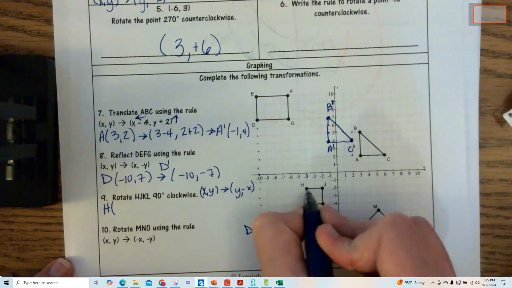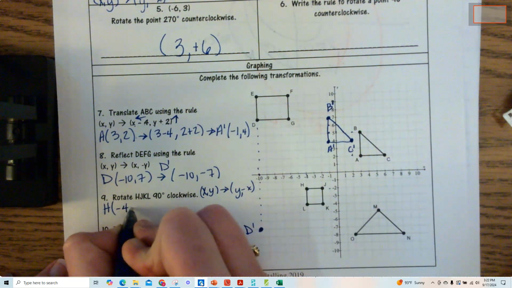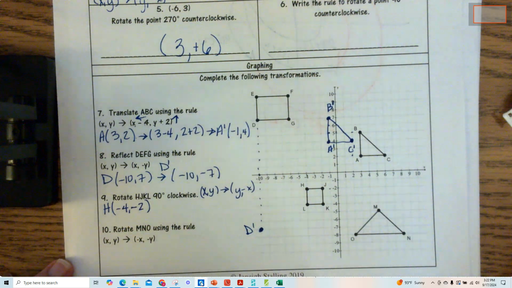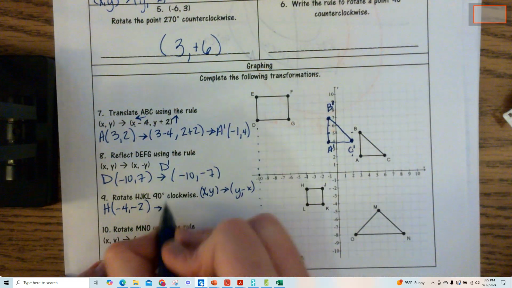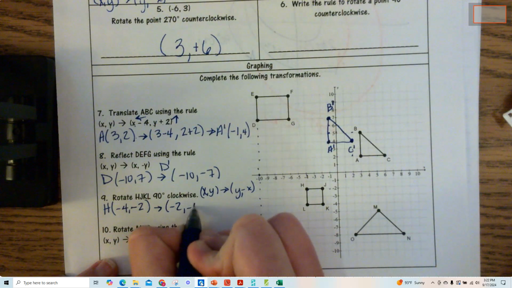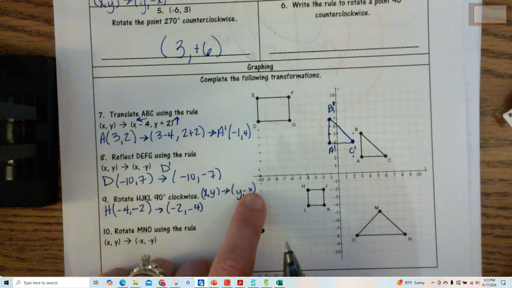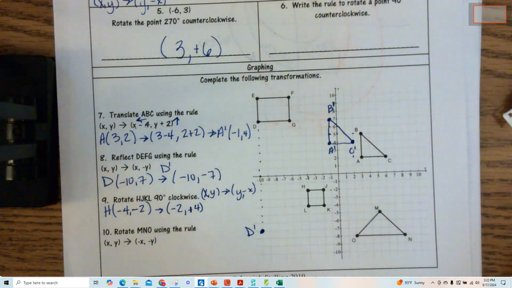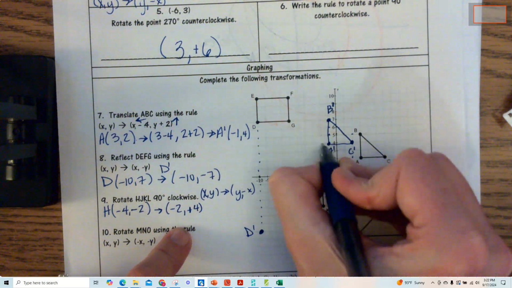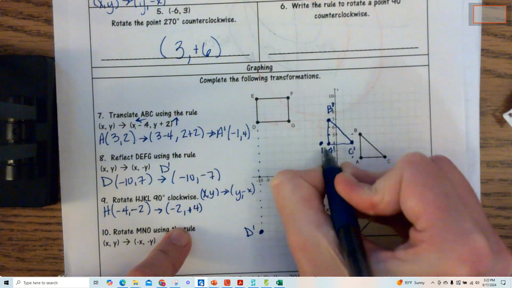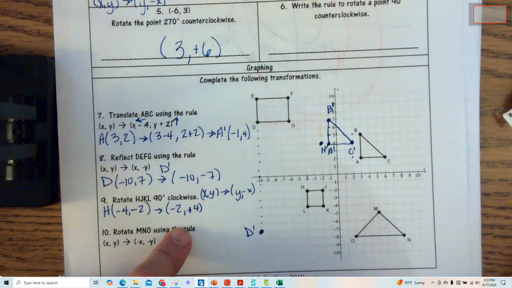So H is at negative 4, negative 2. They switch spots. So -2, -4. The second number, change its sign. So -2, +4, that's my new H prime.